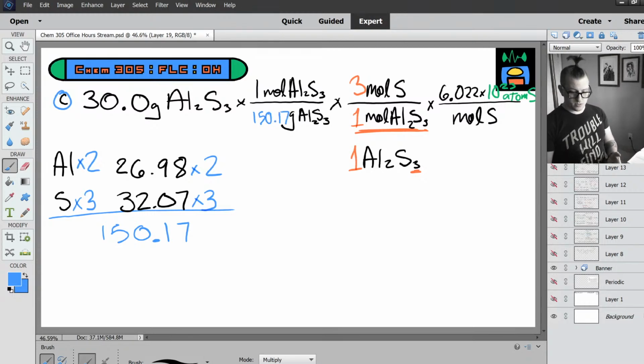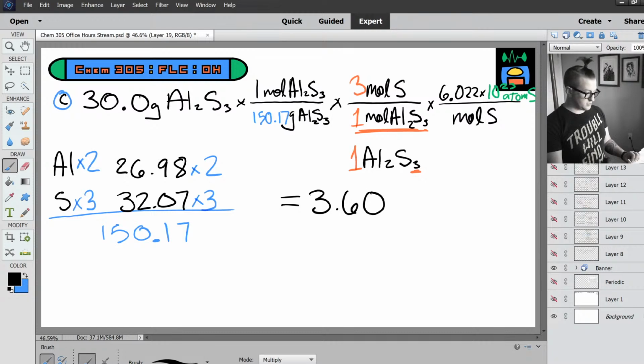And now we crunch our numbers. So 30 divided by 150.17 times 3 times 6.022 times 10 to the 22nd. My calculator is giving me an answer of 3.609109 times 10 to the 23rd.